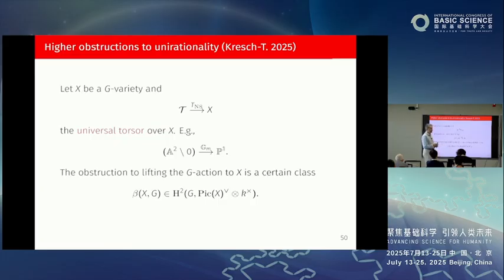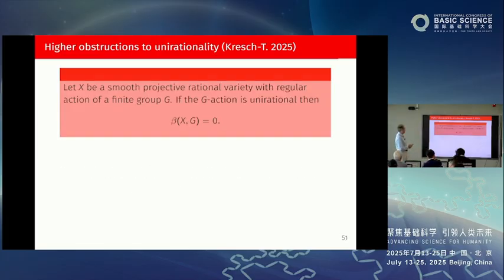And that class, the non-vanishing of that class, is an obstruction to unirationality of the action. So that's the theorem that we proved with Andrew. In words, it's an obstruction to lifting the G action. In algebra, it's some specific class that can be computed, and that we have computed in many examples. So that's the theorem. If the G action is unirational, then the class vanishes.